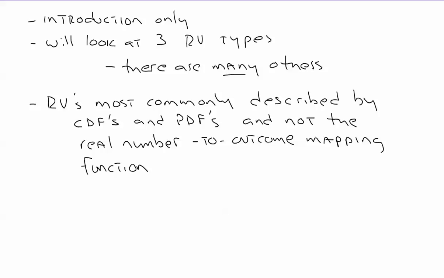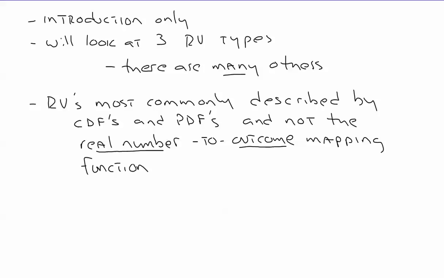So remember that a random variable is a function that maps outcomes to real numbers. All right. We're not going to look at the random variable mapping function today.